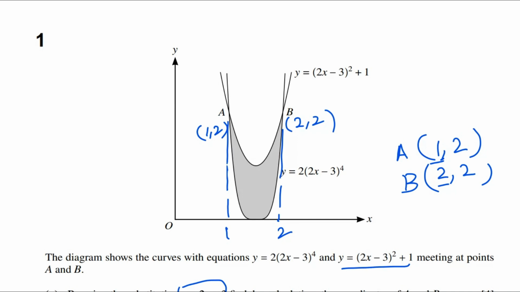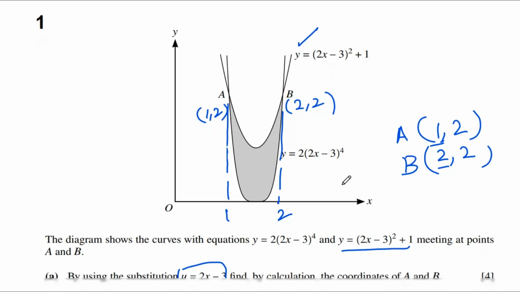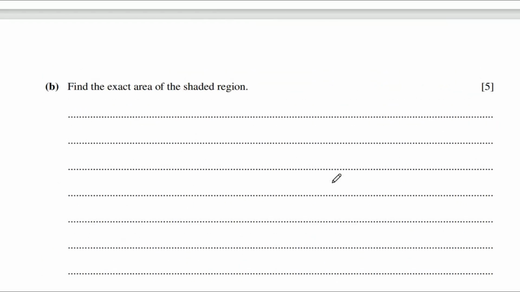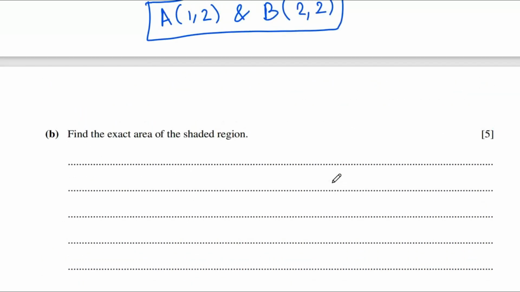And this is the upper curve. So area under the upper curve minus area under the lower curve will give the shaded region. So area is equal to integral 1 to 2.